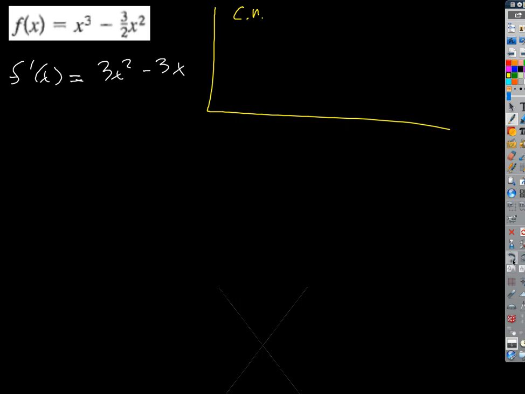How about if we set it equal to 0 and solve? How do I solve that? Good, factor out a 3x, leaving me with... so what are my critical numbers? Okay, 0 and 1, good. All right, so now let's go ahead and make our table.